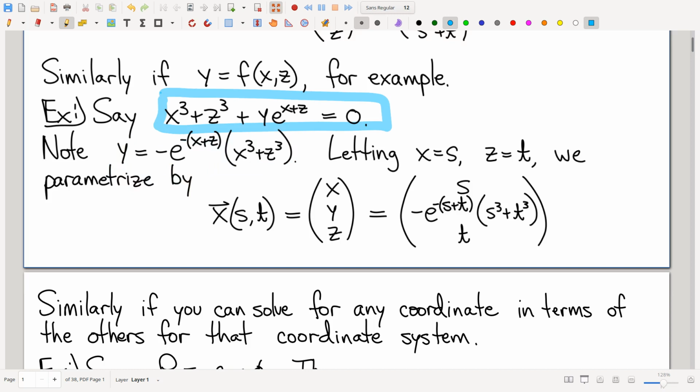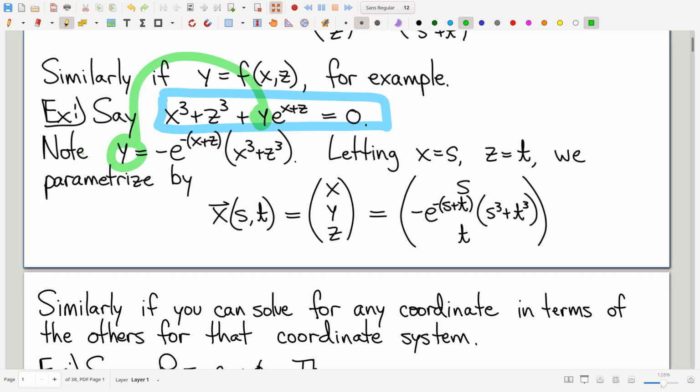But keep in mind, just because it's not written as a graph doesn't mean that it can't be rewritten as a graph. So you always want to look out for these possibilities, and again, keeping in mind that it could be any one of the variables that you can solve for. So you can't solve for x and z here, but of course you can very easily solve for y, and then as previously discussed. What do you think?